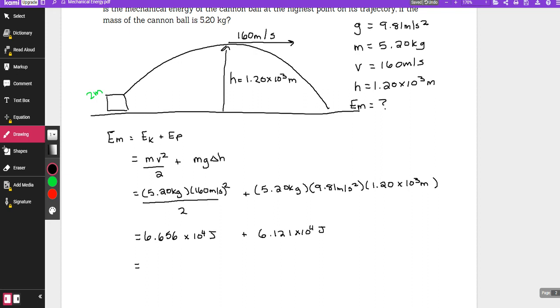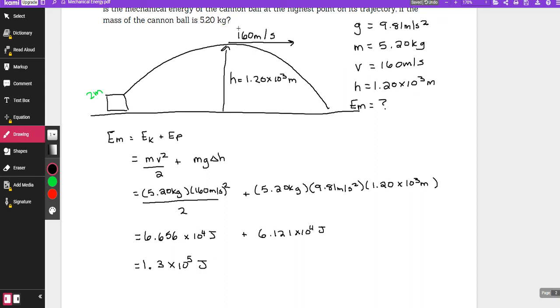Add it together there. Let me grab my calculator. 6.56. So it should be 1.3 times 10 to the 1, 2, 3, 4, 5 joules.